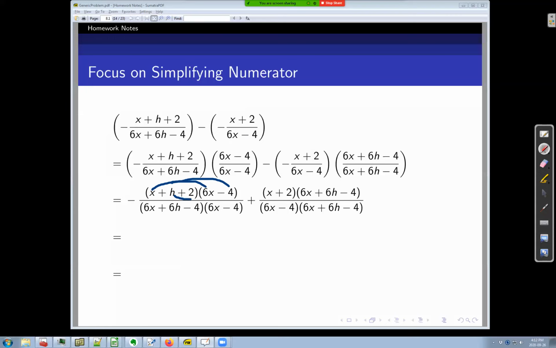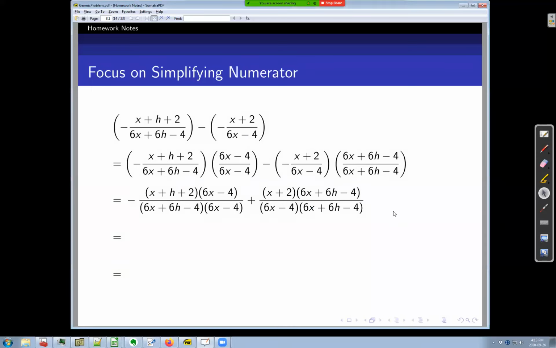And then I'm going to have to do h times 6x, and also h times 4. And I'm also going to have to do 2 times 6 and 2 times 4. So if I want to expand these, I have to do like a super FOIL, an extra FOIL, a FOIL with a couple of extra letters in it.